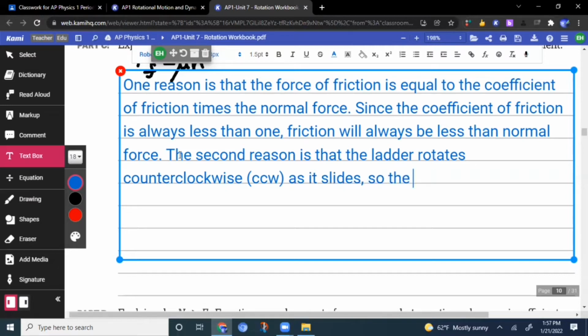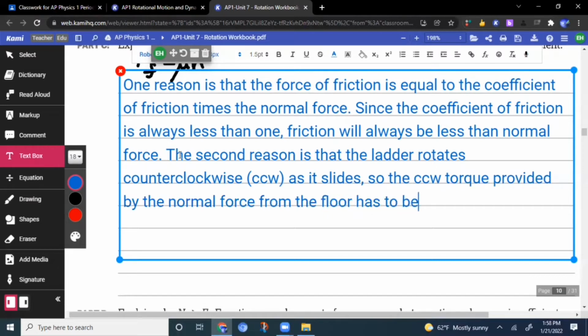So the CCW, the counterclockwise torque, provided by the normal force from the floor has to be greater than the clockwise, CW, I'm going to define that one so we can use that later, torque provided or created by friction.